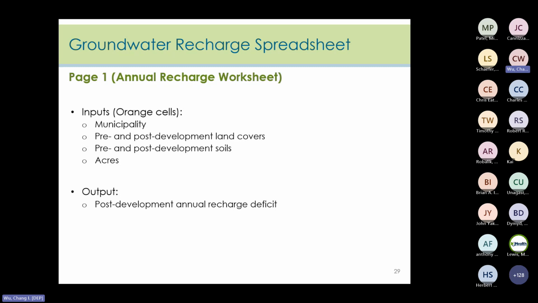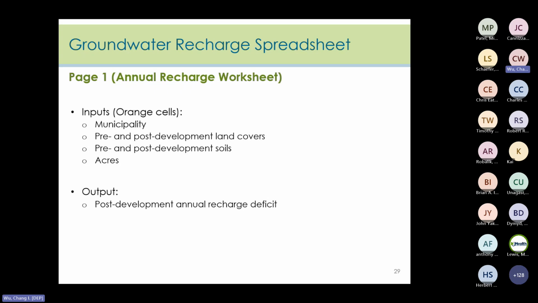It's often that consultant companies use the spreadsheet for different projects in different municipalities, and they forget to change the municipality. The municipality would determine the pre-development annual recharge amount. So it's important to make sure that the municipality is the correct one.